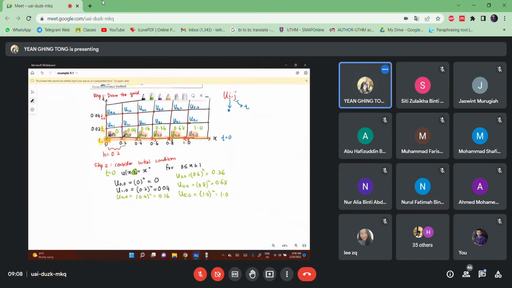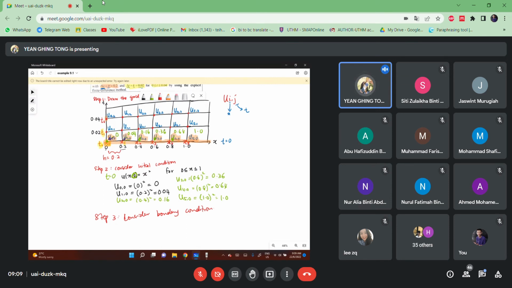And then the third step. After that, we continue with the boundary condition. Step number 3, consider the boundary condition. The boundary conditions were given just now, this one.